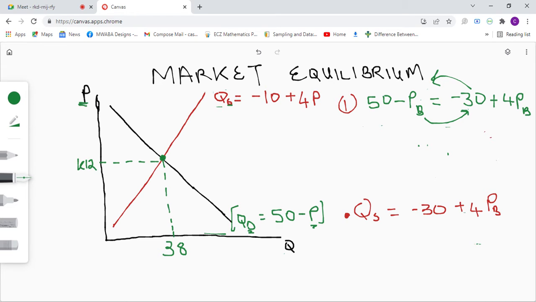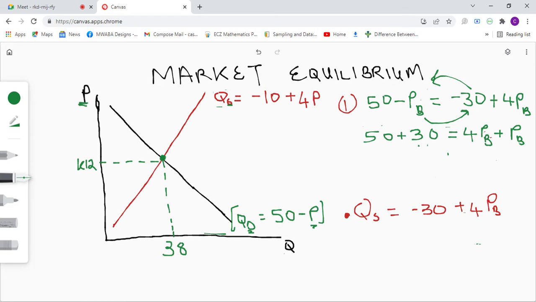So we have 50 plus 30 equals 4PB plus PB, because it was negative PB on this side, but it now changes to positive PB.